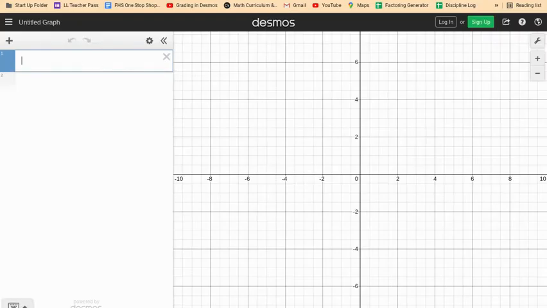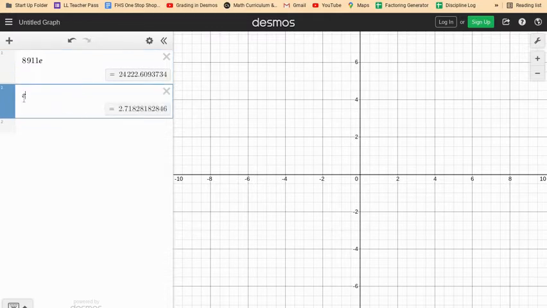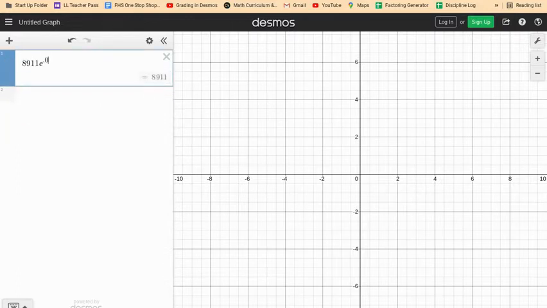And all I have to do is basically plug that in. So I have 8911 times E. Whenever I put in E, Desmos already knows what to do with it. It gives me that value. So there's my E, and then I raise it to the power 0.0771 times 20.